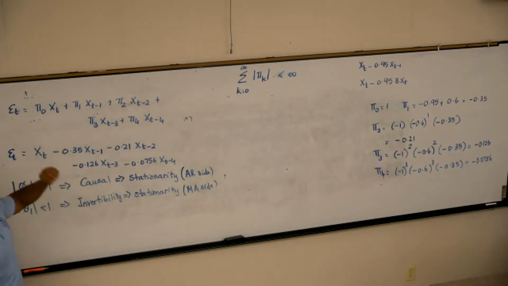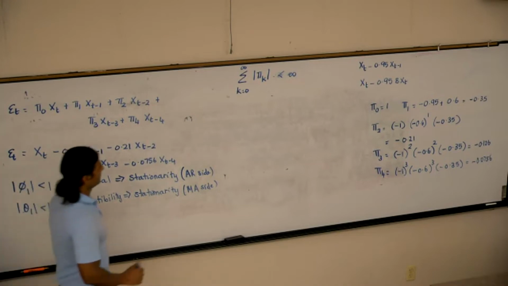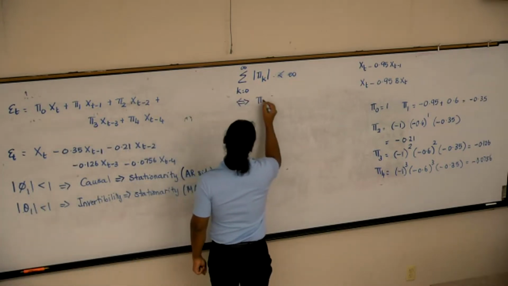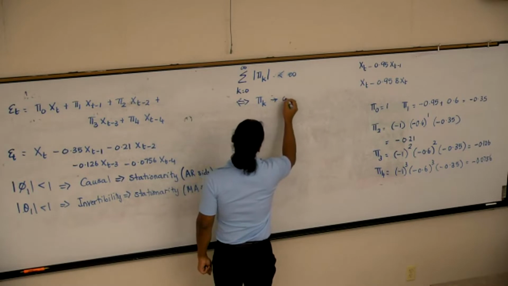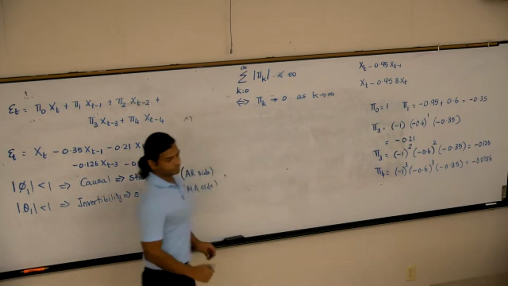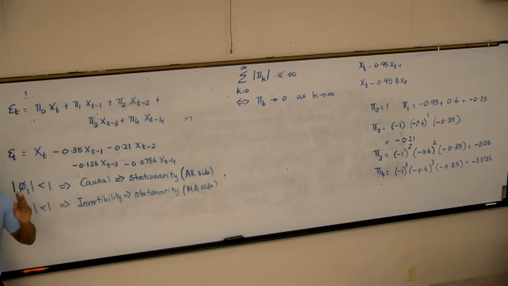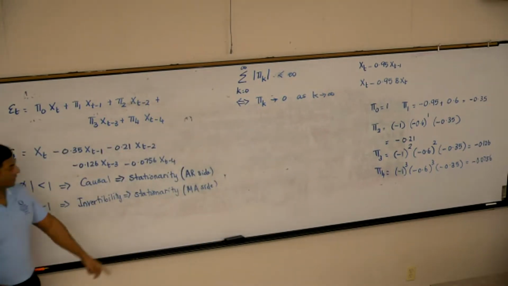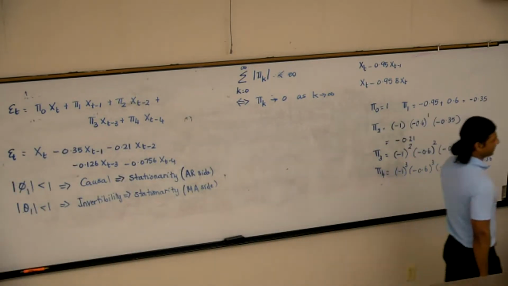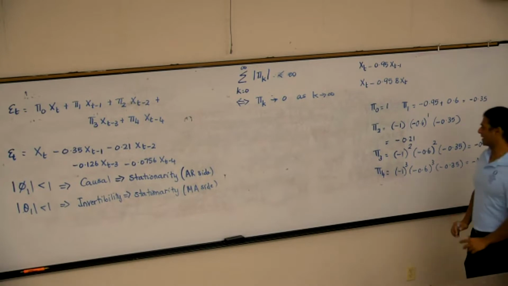In other words, the pi k values must converge to 0. So if k gets larger and larger and larger, pi k must be 0. Let's see if that is the case here.